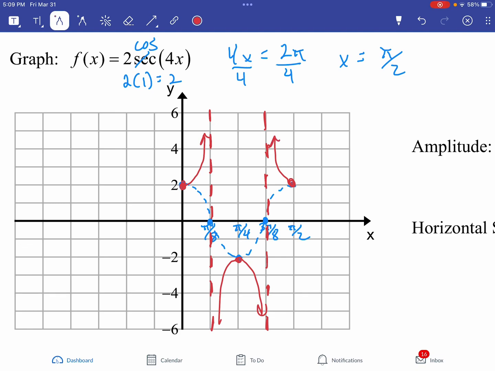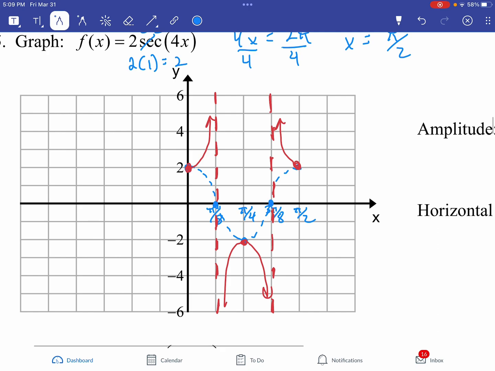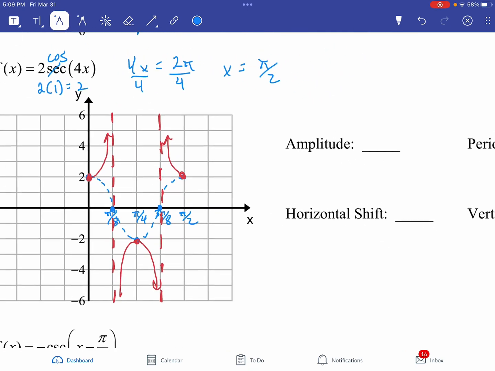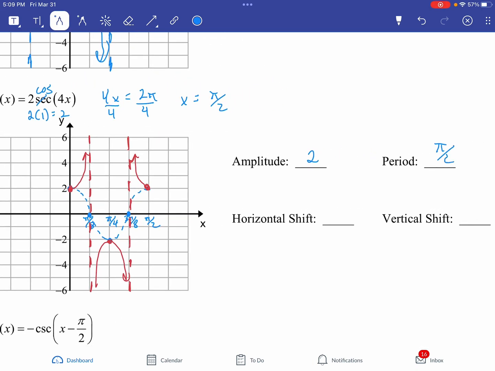There's my graph. So that's what your graph will look like. Now we have to do the information over here. The amplitude was 2. The period was pi over 2. The horizontal shift, there was none. And the vertical shift, there was also no vertical shift.